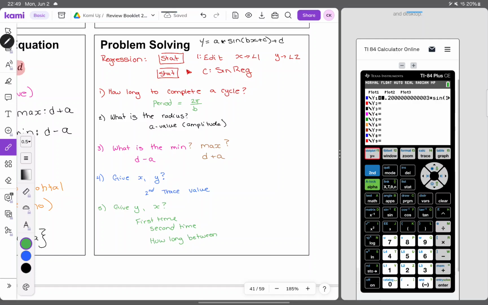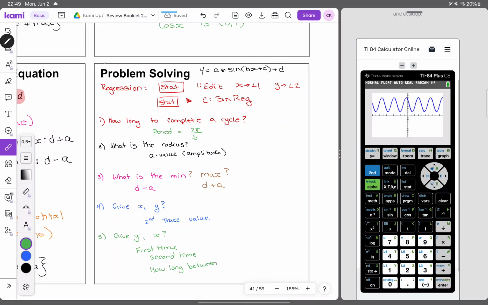So if I go to try to graph this right now, it actually turned out pretty good. If it didn't turn out nicely like this, we'd always want to make sure that our calculator is in radians. That's a good thing to note. Problem solving, always rads. So if you have a problem solving question, you need to be in radians.